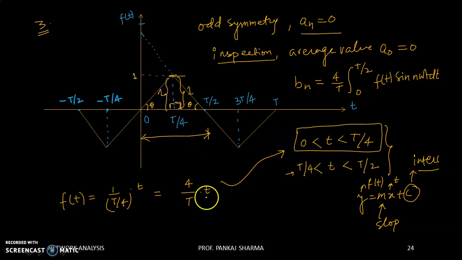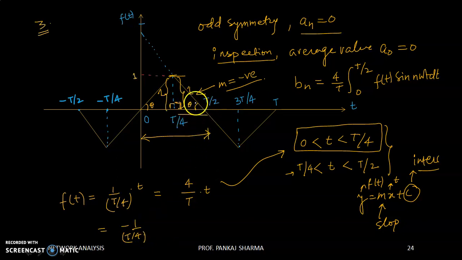So the slope, m, is negative here. So it will be minus 1 upon T by 4, minus 1 upon T by 4.